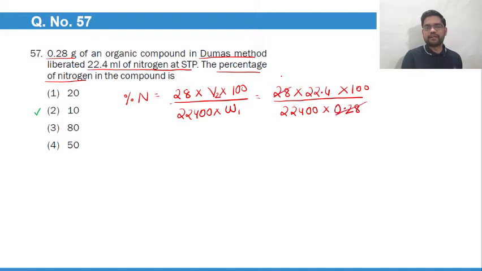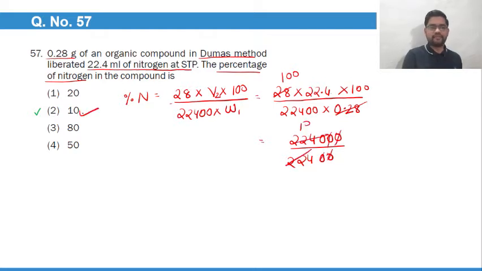So this is 100 times, and if you multiply it, you will get over here 28 into 22.4 into 100, and over here 22400 into 0.28. So this is 10 times. So the answer is 10.